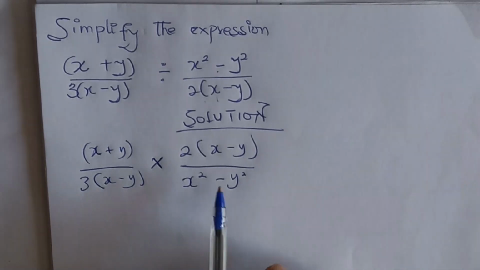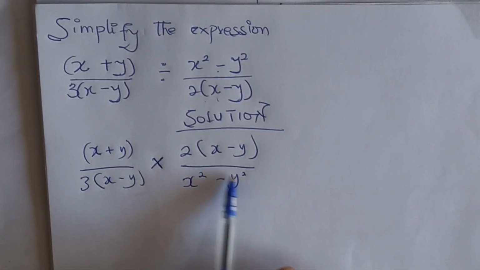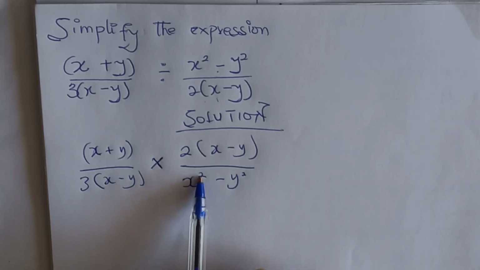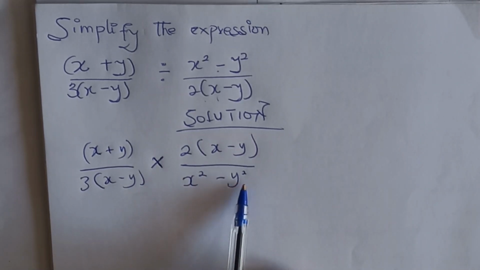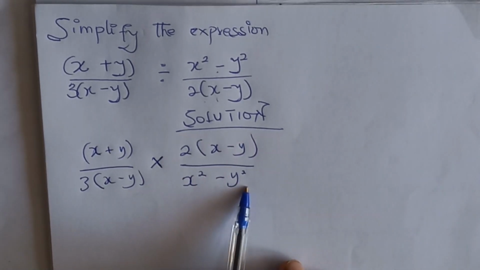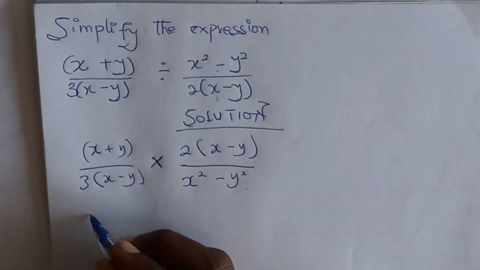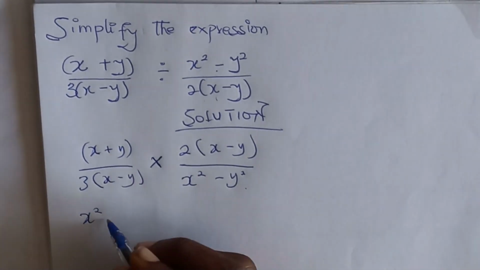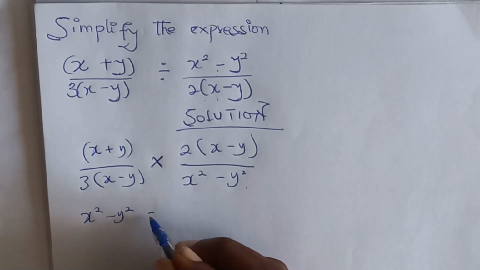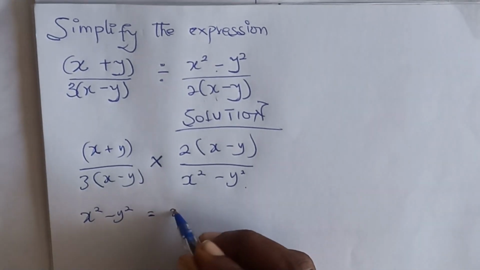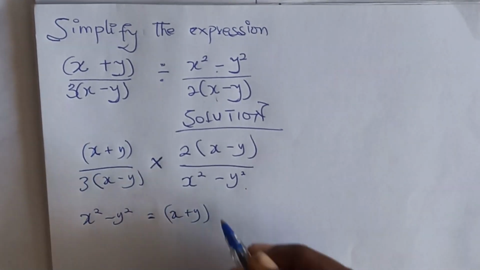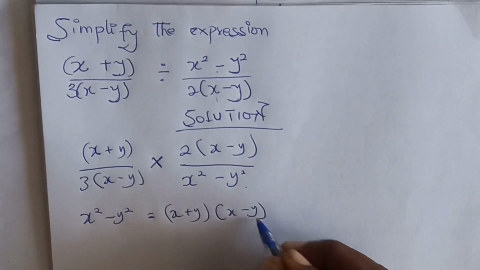Now you can see that we have to simplify this expression x squared minus y squared into difference of two squares. So to simplify this, x squared minus y squared resolves into (x plus y)(x minus y).